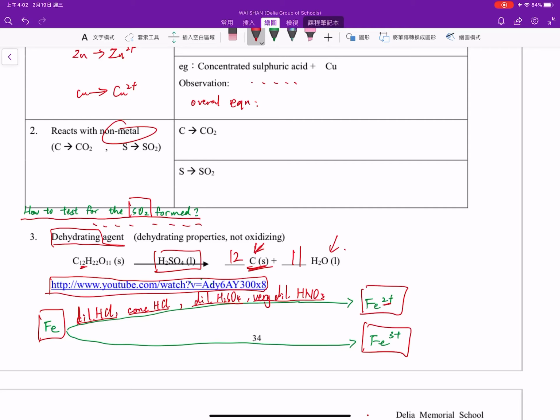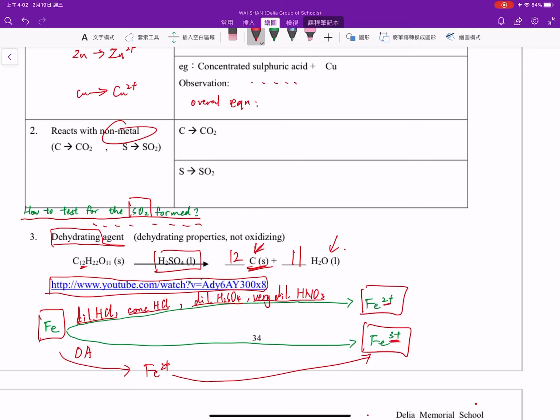Okay, but when it comes to acids with oxidizing property, then it will be oxidized to iron 3+, because it will be oxidized to iron 2+ first, but the iron 2+ formed will be further oxidized to iron 3+.